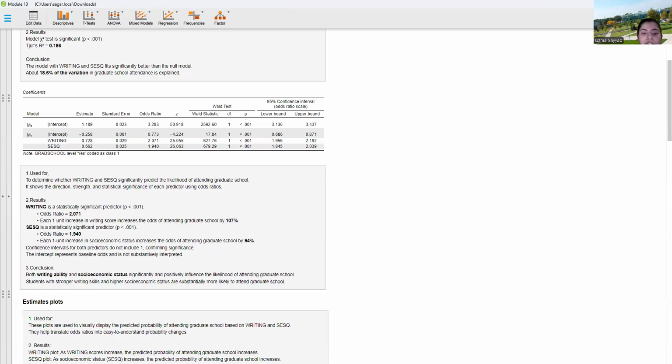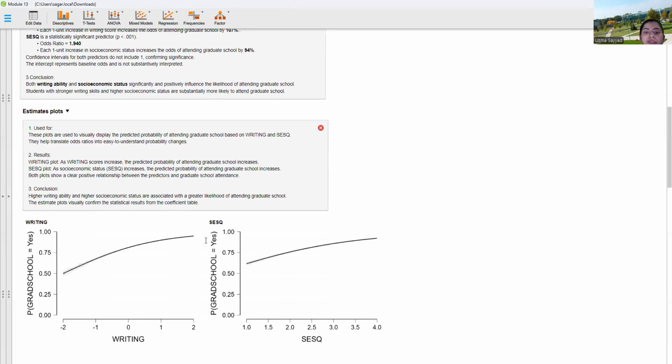The estimate plot visually represents these findings. The writing plot shows that as writing scores increase, the predicted probability of attending graduate school steadily increases. The SESQ plot shows that students in higher socioeconomic groups have a higher predicted probability of attending graduate school.